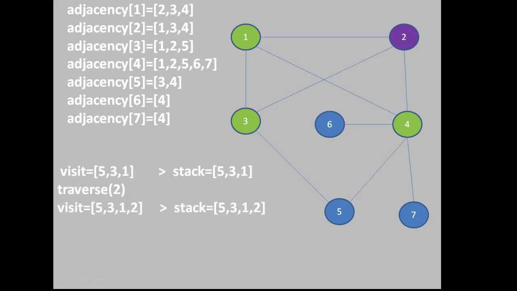Then again we take the first element of the adjacency list of 2, but 1 is already in the visit, so we will not take that. Again, the second element, which is 3, is also in the visit, so we will not take that. Then we come to the third element, that is 4, so we will traverse vertex 4 now.